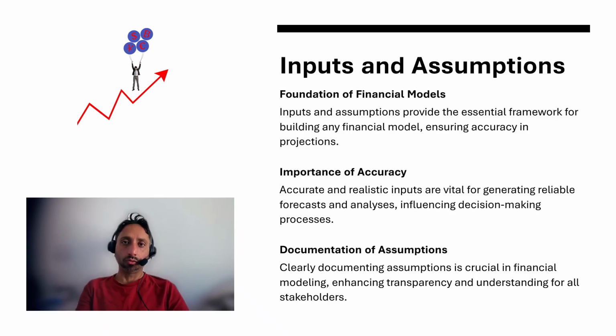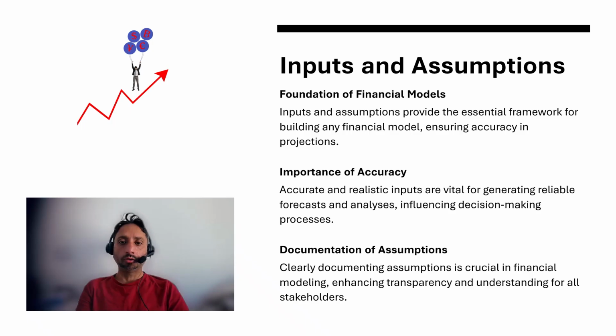Assumptions have that role: you have to select input based on your assumptions. Whatever input is used, the output will be according to your input. So if the input doesn't have much sugar, then the output, the smoothie, will also not have enough sugar. So that is the relevance of inputs and assumptions in a financial model.